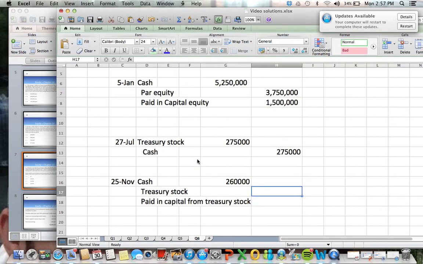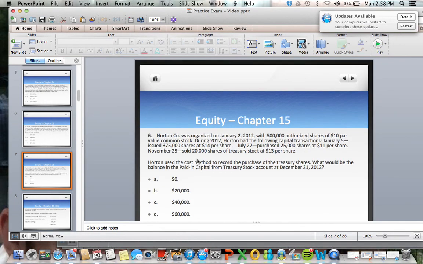So treasury stock we're going to credit for that cost because it was 11 per share. So we have 11 times 20,000. That was the cost of these shares. Now the rest is going to be a gain that goes into paid-in capital from treasury stock. So that's 40,000. So the answer is C.